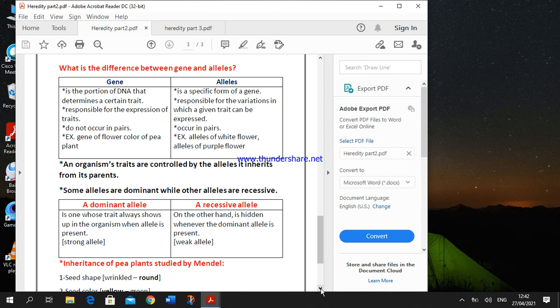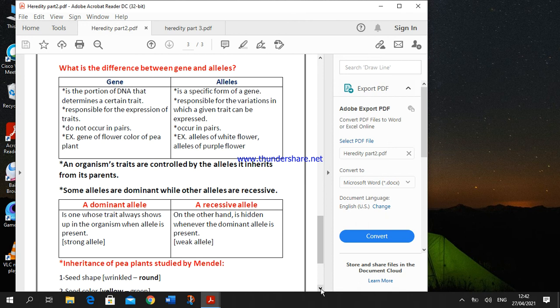Some alleles are dominant while other alleles are recessive. A dominant allele is one whose trait always shows up, or is expressed, in the organism when the allele is present, and it is known as a strong allele. A recessive allele, on the other hand, is hidden whenever the dominant allele is present, because it is a weak allele.